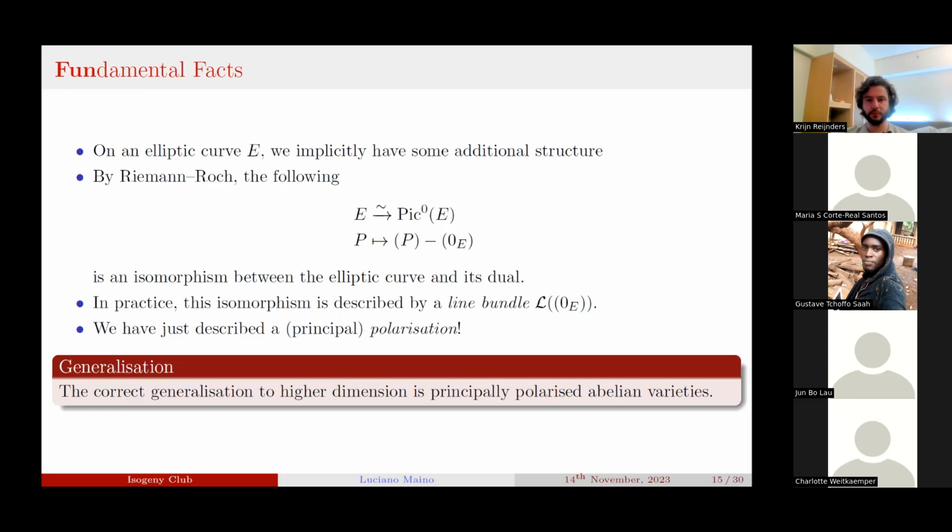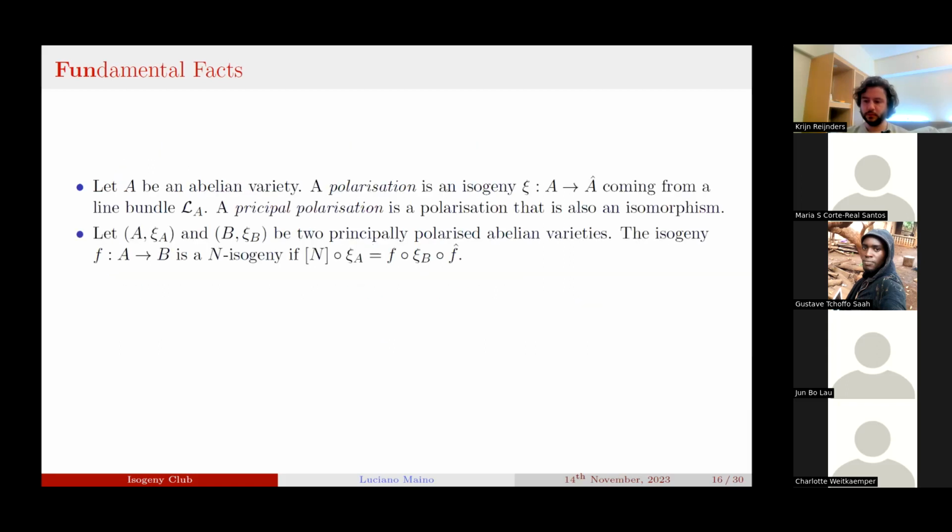So let me try to describe what a principally polarized abelian variety is. So we take an abelian variety A. Again, at the moment I'm just giving some kind of abstract maths, but then I will give you explicit equations. So I will try to specialize what I'm saying more and more. I'm just going to narrow it down more.